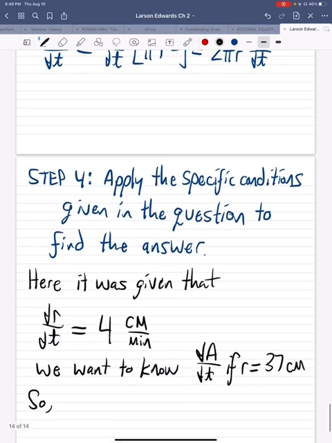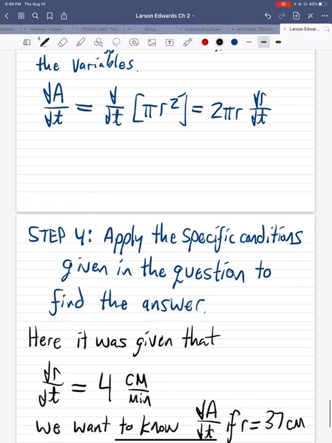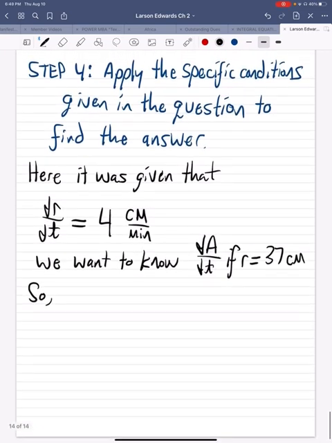So from that equation we solve for dA dt is equal to 2 pi r dr dt.